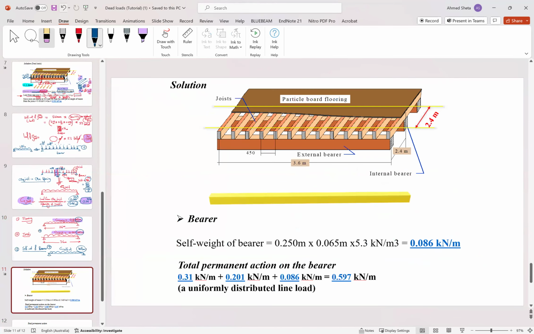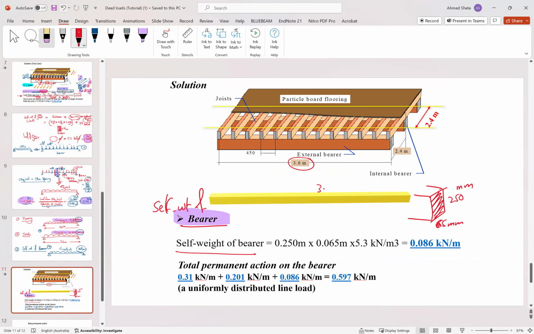So the last step is the self weight of the bearer. The self weight of the bearer is given to us as also a rectangular section. The dimension is 65 millimeter width and 250 millimeter depth, and the length is 3.6 meter.